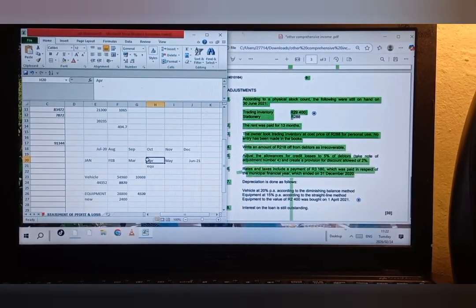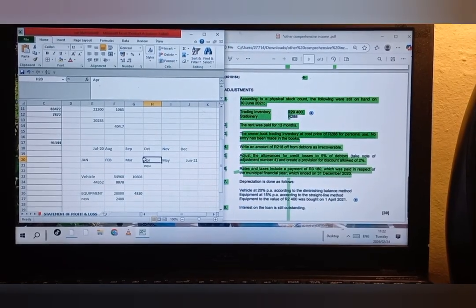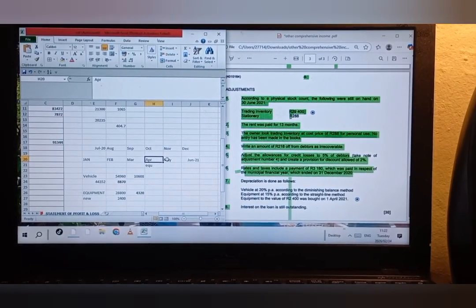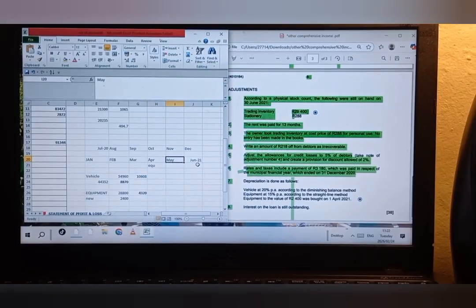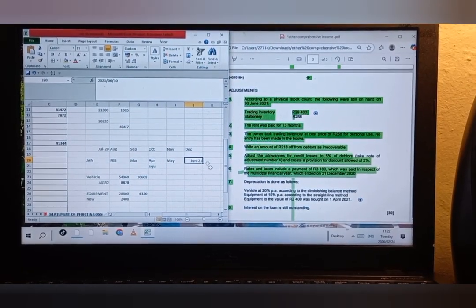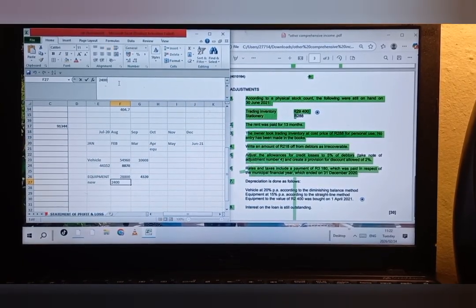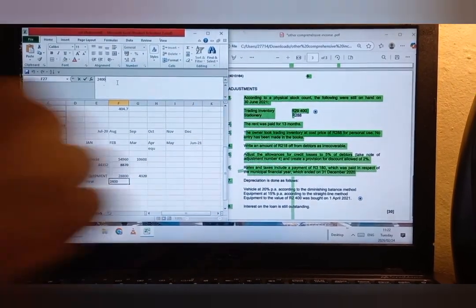But now, since it was bought on 1st April, it started to operate during the month of April, so we count April, which gives us 3 months, April, May, June 2021. So for this amount, we need the depreciation.